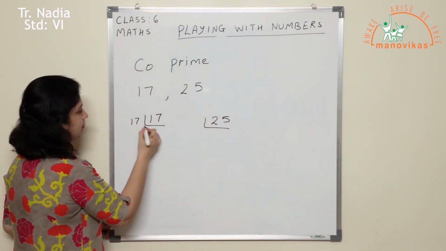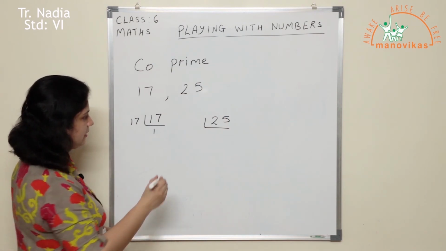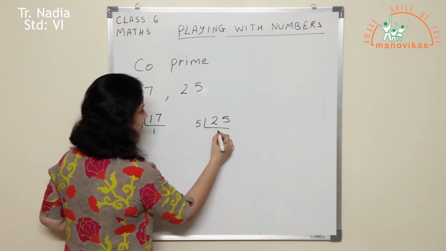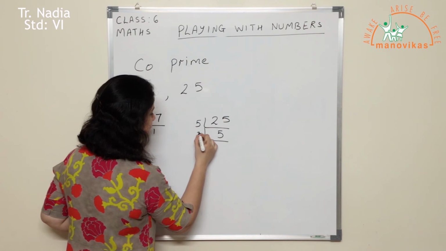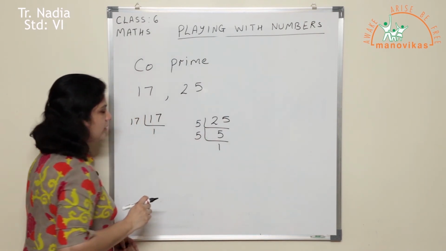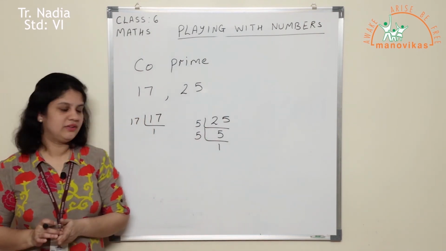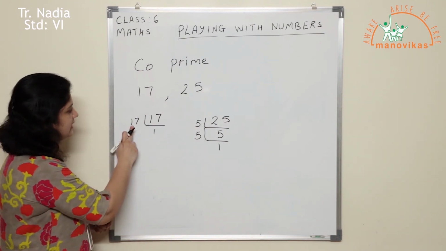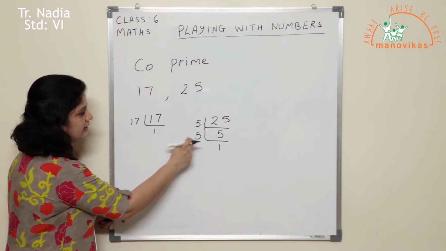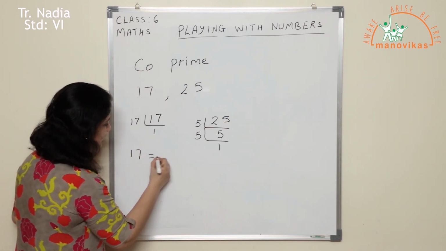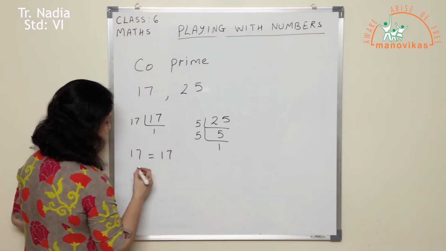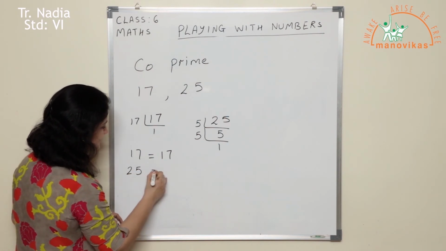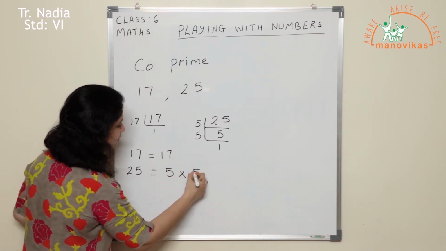Of course 17 is a prime number, it goes only in 17's table. For 25 I can make use of the 5 table. Okay, now if you look here between these 2 numbers there are no common factors. So 17 has only 17 whereas 25 has 5 and 5.